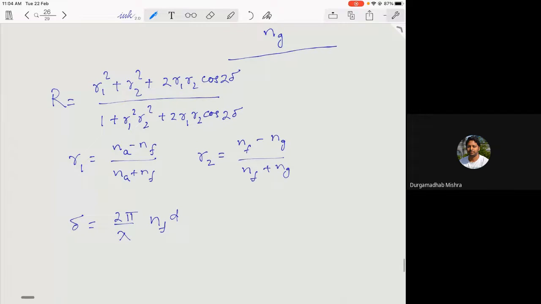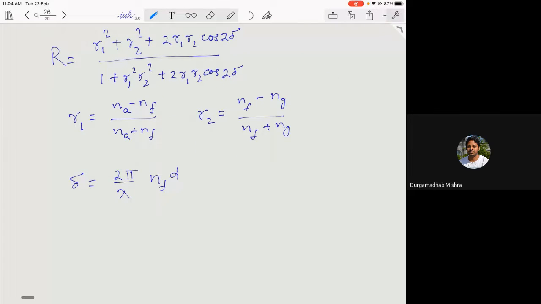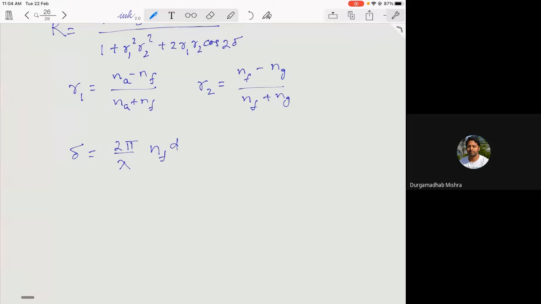Okay, so to minimize this reflection you want destructive interference, and that would happen when cosine of 2 delta is equal to -1.